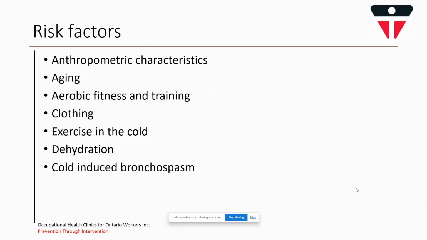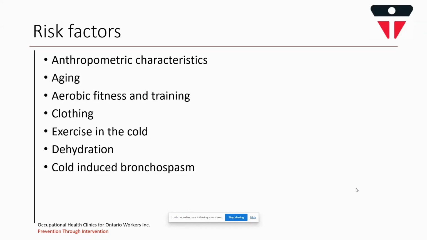There are some risk factors or predisposing factors which can put somebody at a high risk for adverse health effects from cold exposure. Risk factors like anthropometric characteristics, for instance, body mass to body surface area ratio. So the bigger the person is, the less likely that person is to get cold strain.